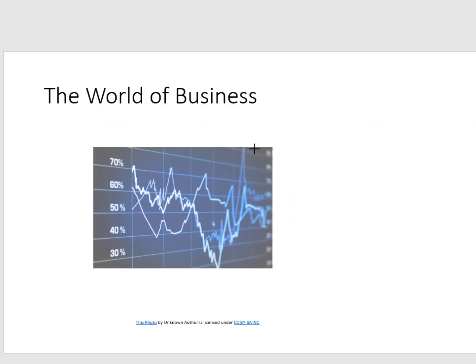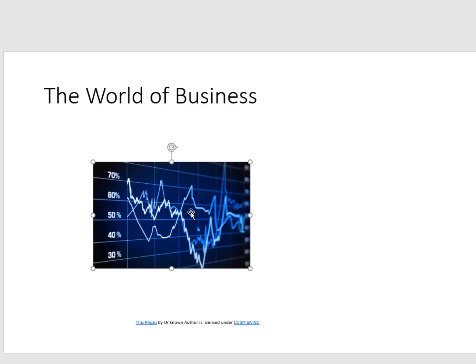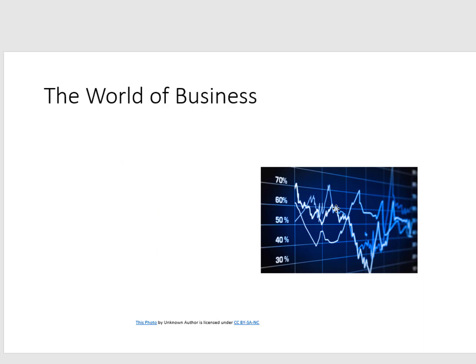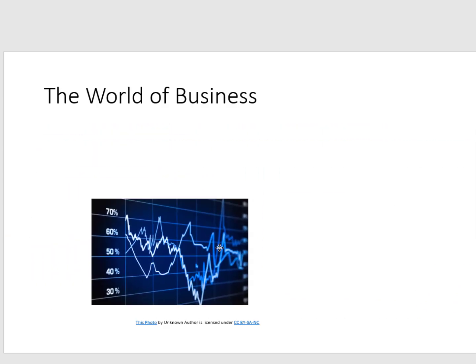By doing this, I'm adjusting the height and width simultaneously without distorting the image itself, preserving its original dimensions. Now that I've made it smaller, I'm just going to click in the middle and drag it. To reposition an image, you have to place your pointer somewhere inside of it versus on the resizing handles. See that? By clicking and dragging it this way, you can move the picture around.